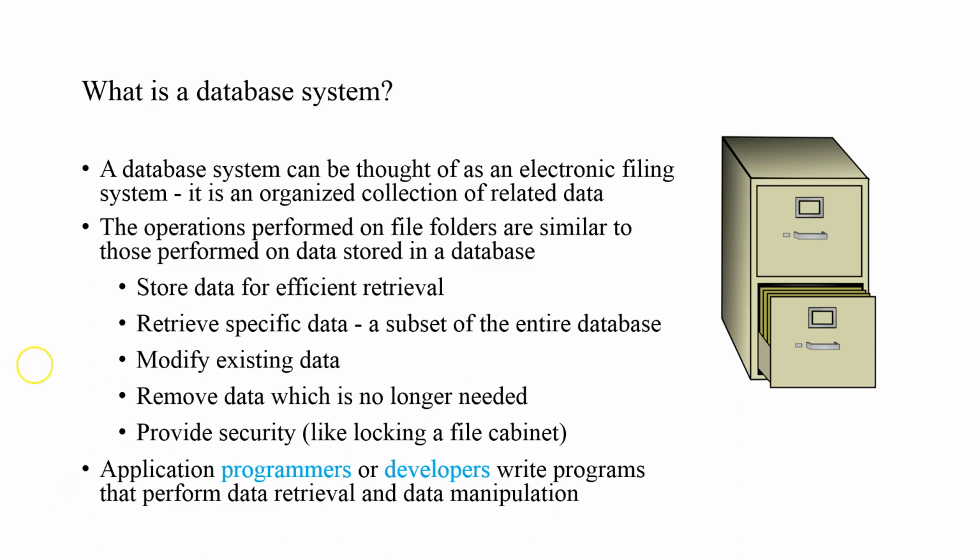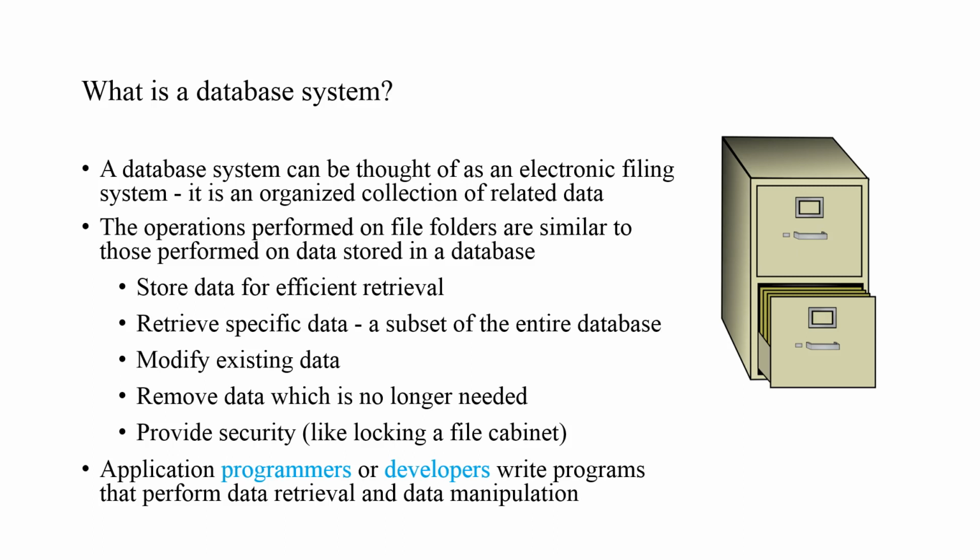So that means you have the ability to pick up a file folder about whatever the individual or topic is, make changes to that, and then store the updated version back in the cabinet. Same concept applies with working with data within a database. You can remove what's no longer needed. So for example, a particular file or folder is no longer relevant. You can remove it from the cabinet, discard it, and it's gone.